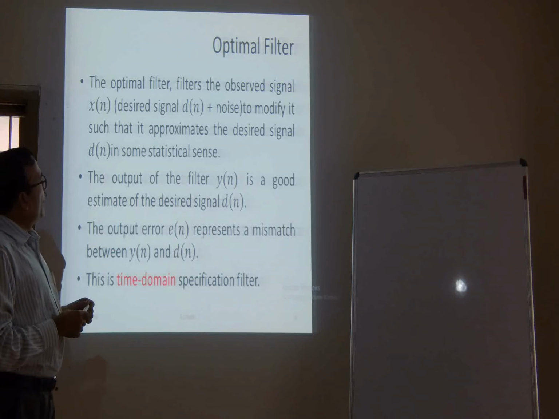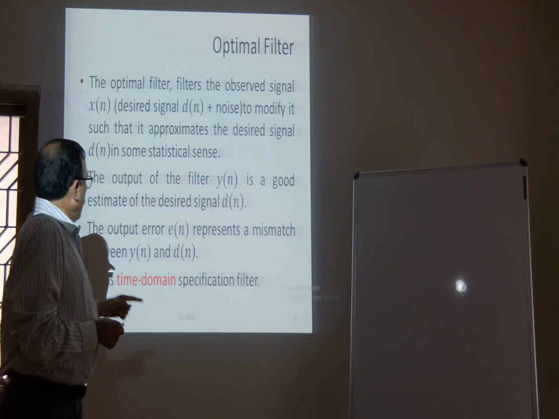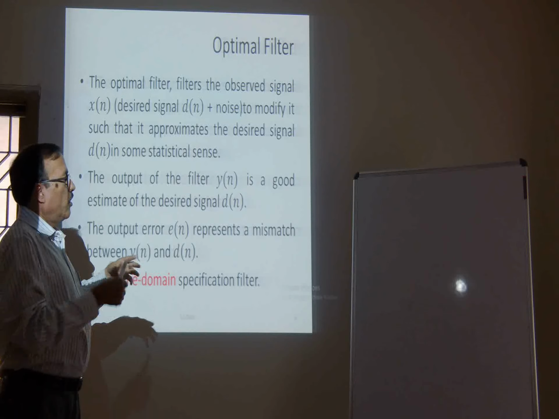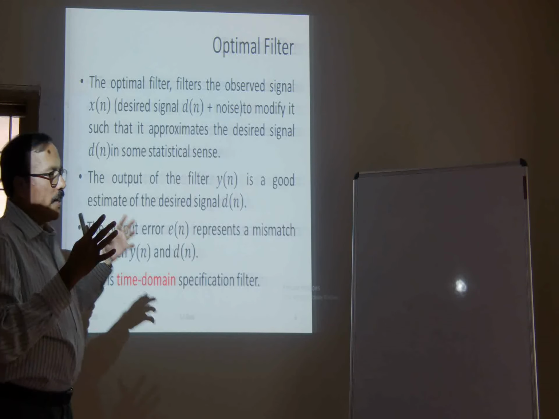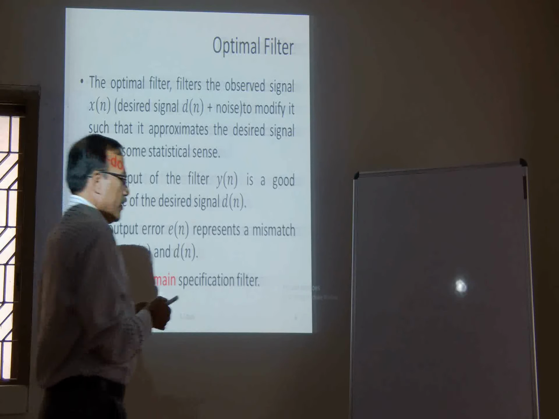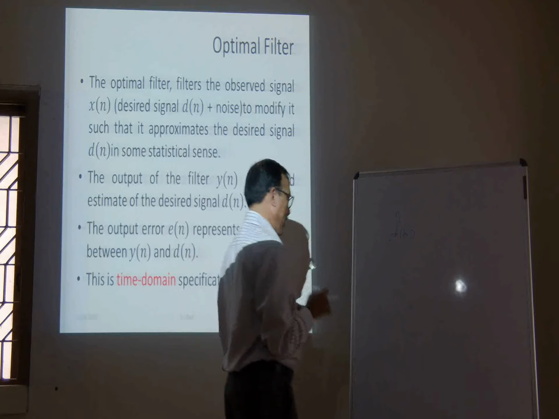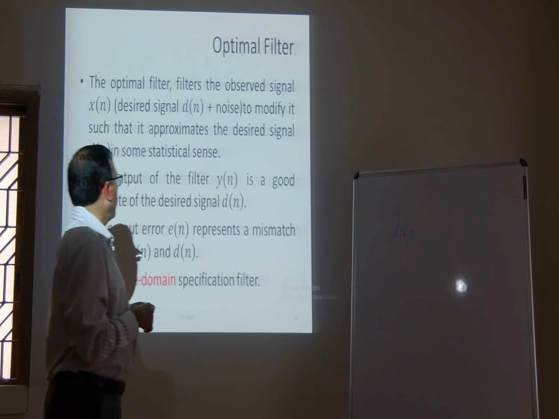The output of the filter y[n] is a good estimate of the desired signal d[n]. When we are estimating, the estimated signal is not the exact signal, so we denote it d cap n. This is the estimated signal of the desired signal.